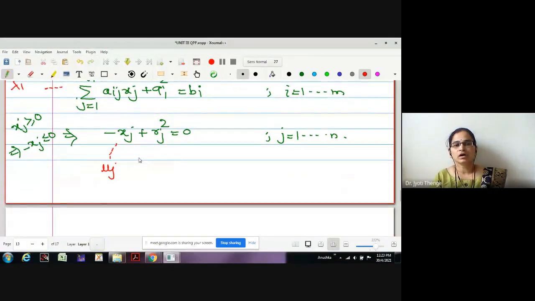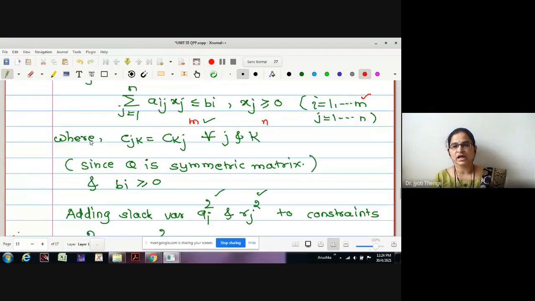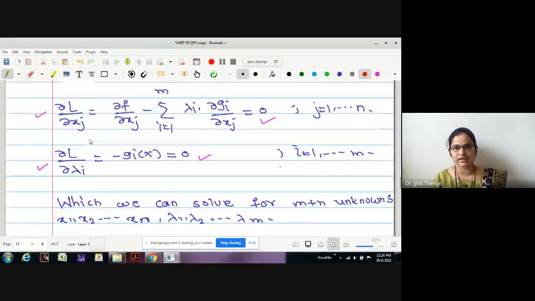Now, while constructing the Lagrange's multiplier, we were multiplying the constraint by the Lagrange's multiplier and subtracting it from the original objective. Let me show you for that two variable case.